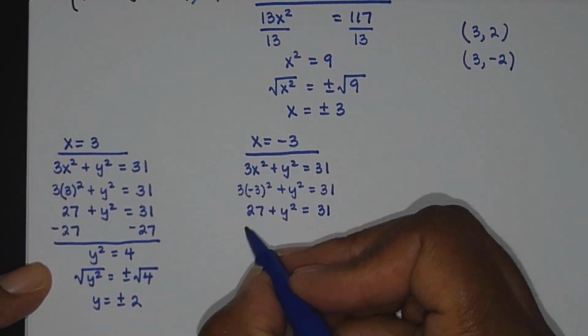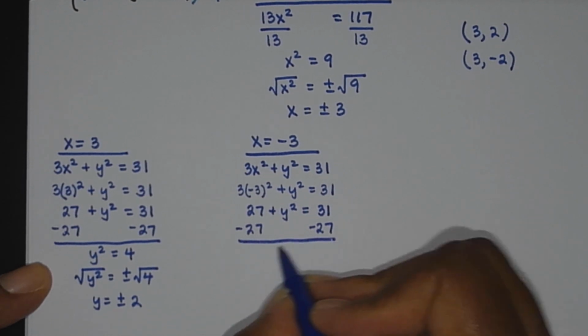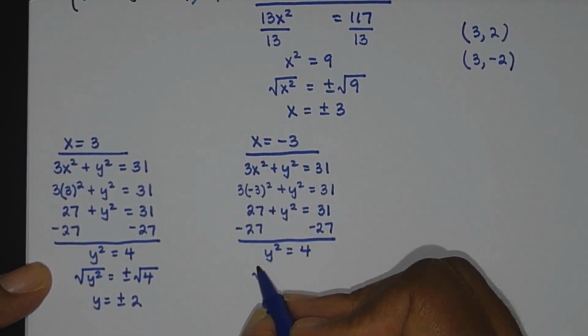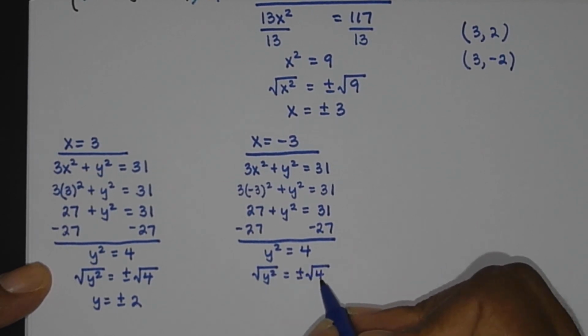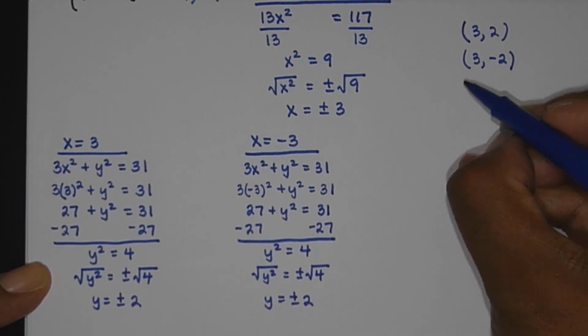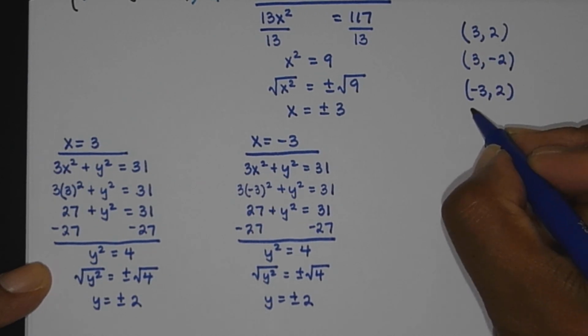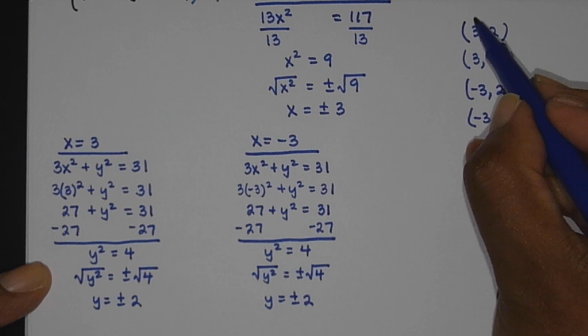So I'm going to go through the same procedure. You'll get y squared is equal to just 4. Take the square root on both sides, include the plus or minus symbol. Also, y is equal to plus or minus 2. So that means for x equal negative 3, I'll have positive 2. And then for negative 3, I'll have negative 3.